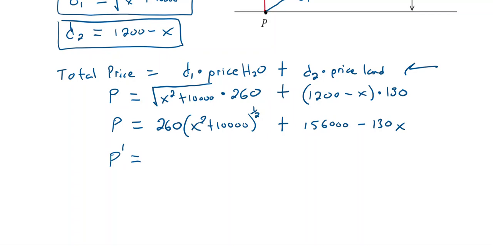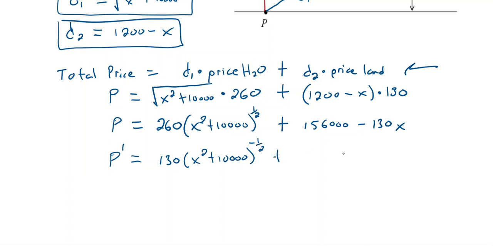Okay, so how do we take the derivative of this? Well, this is really a chain rule, right? So I'm going to bring down the 1/2, so it's really like 260 divided by 2. So this becomes 130. And then I'm going to multiply it, still keeping my original function, so I still have x squared plus 10,000. And now this was to the power of negative 1/2, right? Because I had to subtract 1.